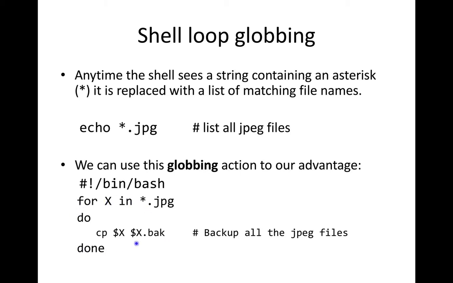So you have a 5-line bash script that backs up all the files in our current directory. And it's taking advantage of the globbing action, a feature that's made available by the shell interpreter.